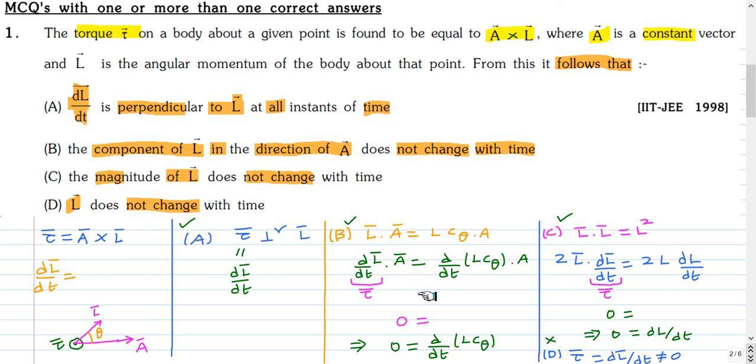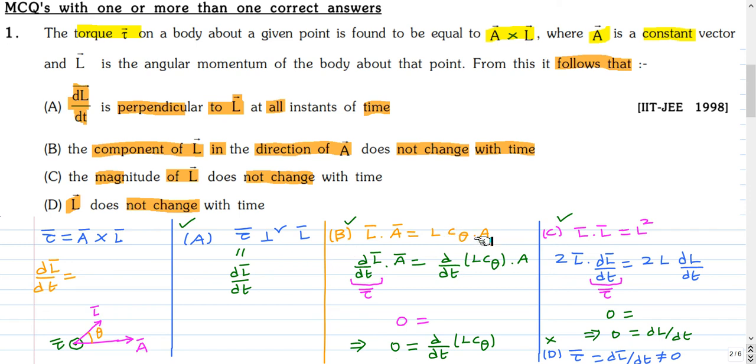The time derivative of the dot product of two vectors is the time derivative of the first vector dotted with the second vector, plus the first vector dotted with the time derivative of the second vector. And dL by dt is the torque tau, which is perpendicular to A. So the left hand side is 0. So d by dt of L cos theta should be 0. So option B is true.